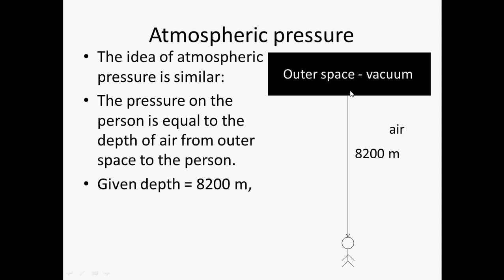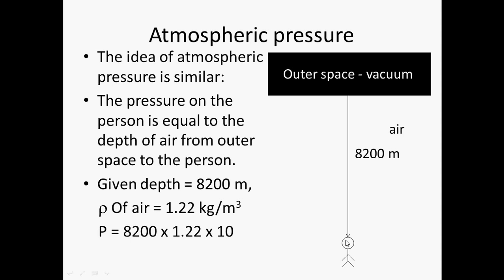This depth of air is acting on you. Given that the density of air is 1.22 kg per meter cube, if you do your math, H rho G, you'll get 100,000 Pascal, which is the typical atmospheric pressure on Earth.